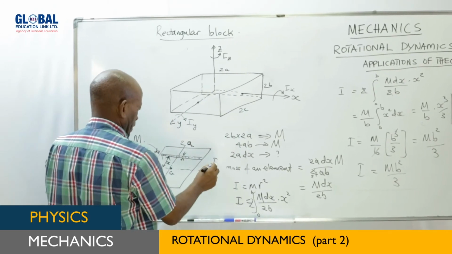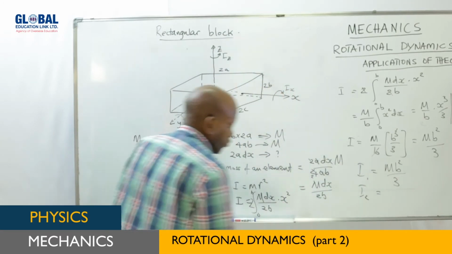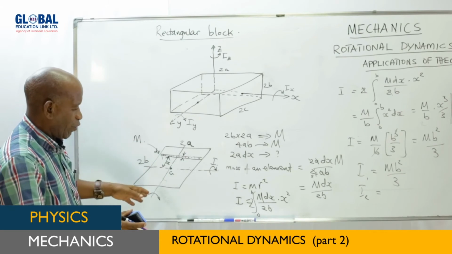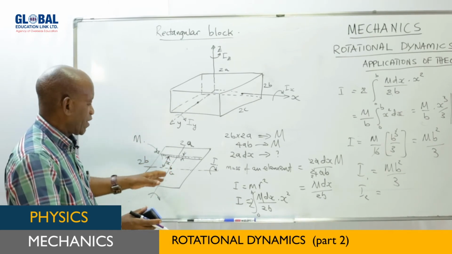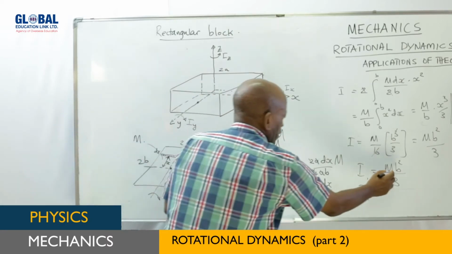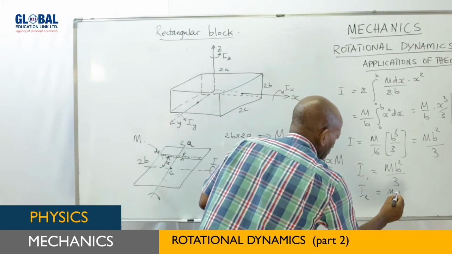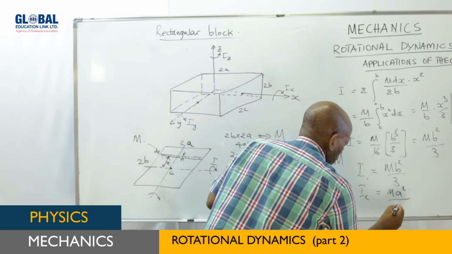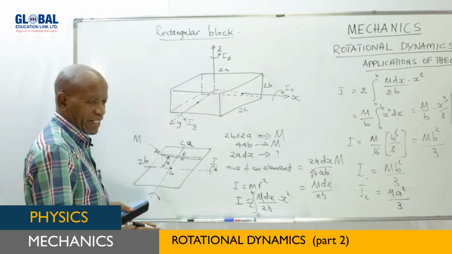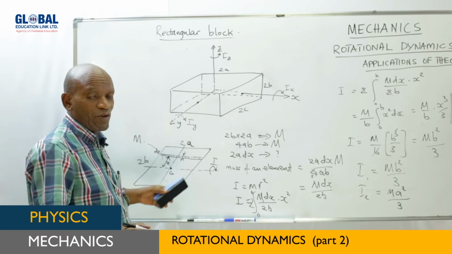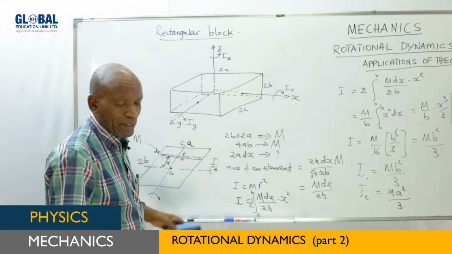If I take this to be I1, then the moment of inertia I2 through an axis perpendicular to the first one, over the same plane passing through the center of the body, will have an A instead of a B, so it will be equal to M A squared over 3. This is the moment of inertia of the second axis passing through the center of gravity, over the plane of that body.